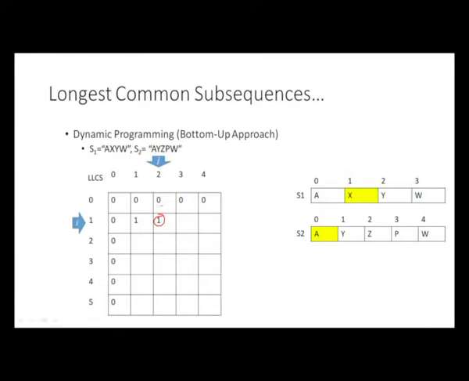Now, similarly, we will increment this j by 1 again, and we can easily observe that y is not equal to a. So, again the value here would be the maximum of 0 and 1. And we will keep on doing the same thing. Again we will increment j, we will see that this w is not equal to a. So, the value here is the maximum of 0 and 1.